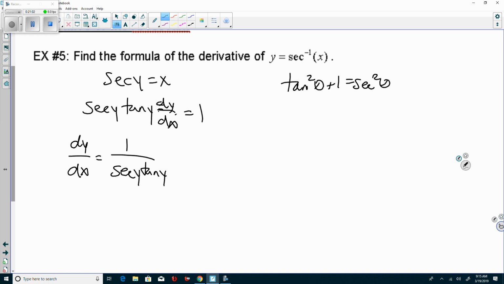Okay, they have your tan y, or tan theta, which is going to be the square root of x squared minus 1, moving the minus 1 over. Secant we already have as your x, so it's your x squared.